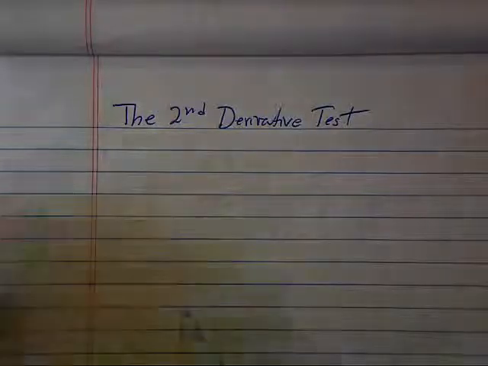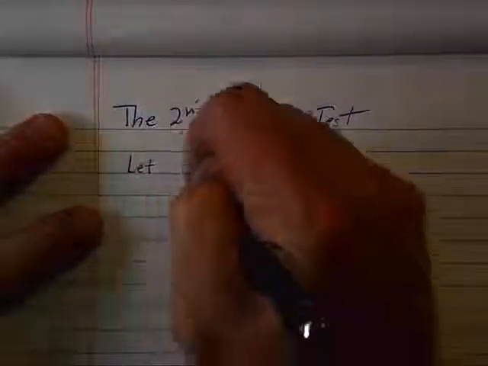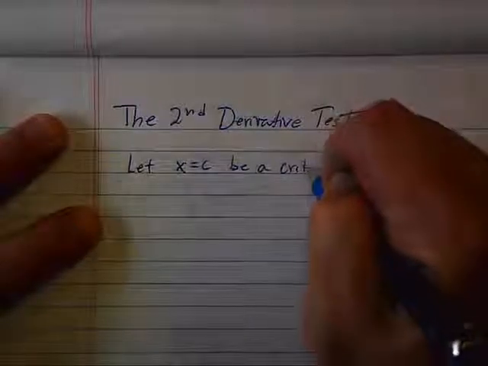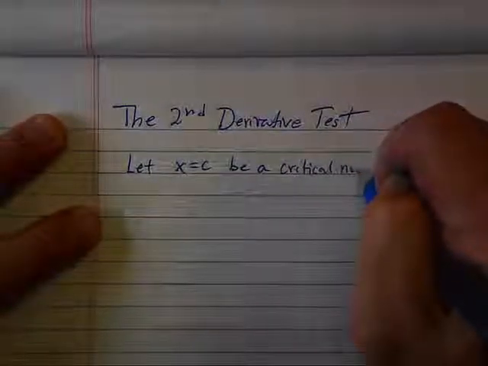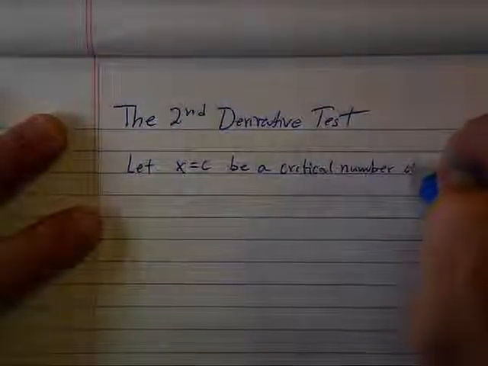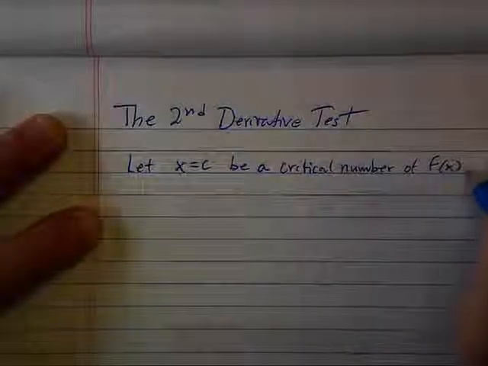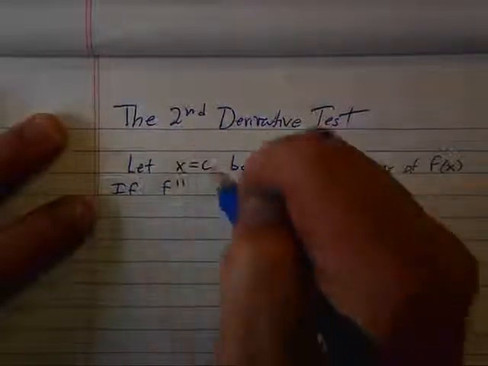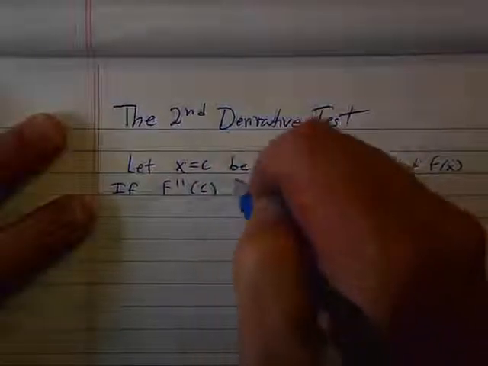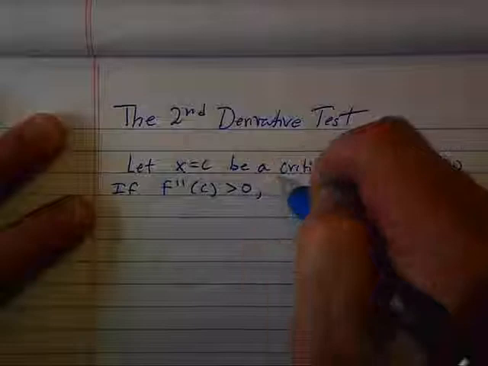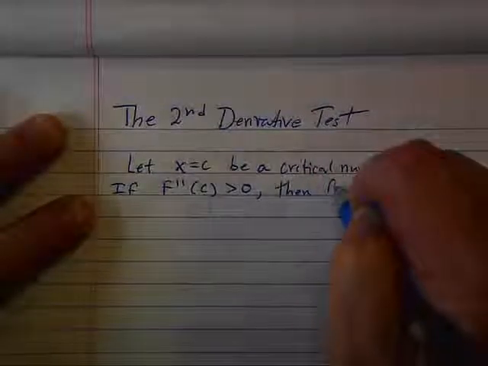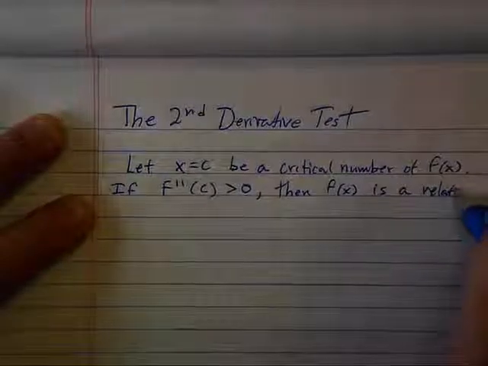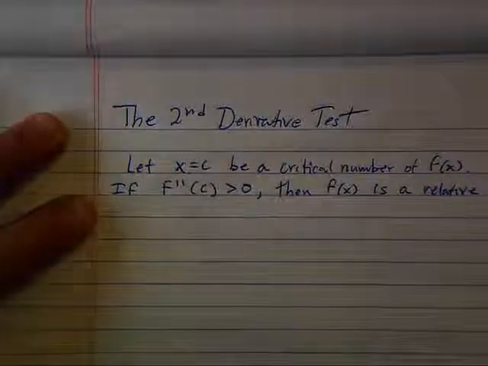Okay, so it works like this. Let x equals c be a critical number of f of x. If the second derivative at c is positive, then f of x has a relative something.